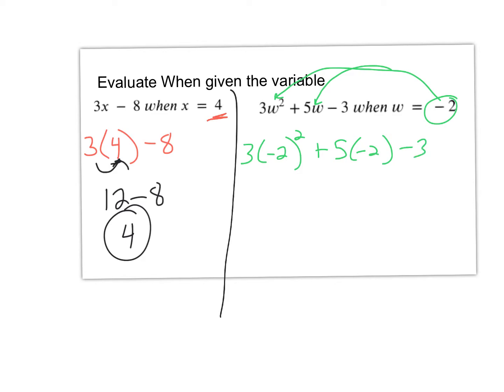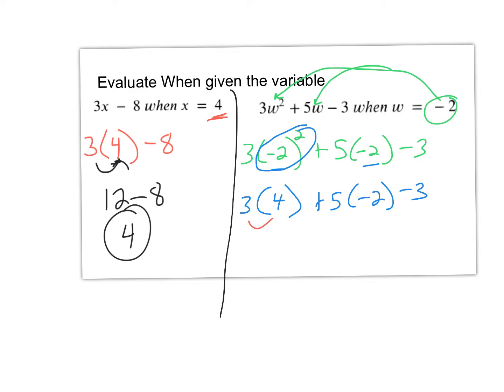And now we follow PEMDAS. Parentheses. Well, I have parentheses, but they're not doing anything, so I don't need them. Exponent. Negative 2 squared is going to be positive 4. Plus 5 times negative 2 minus 3.